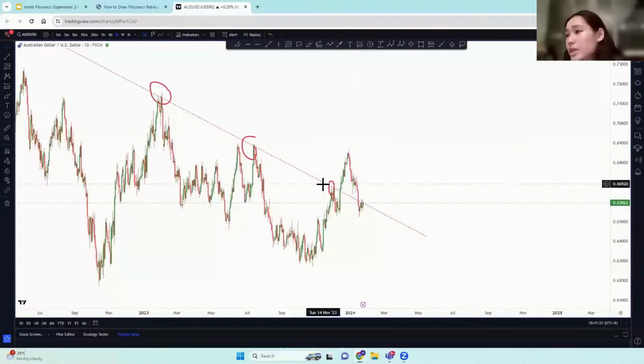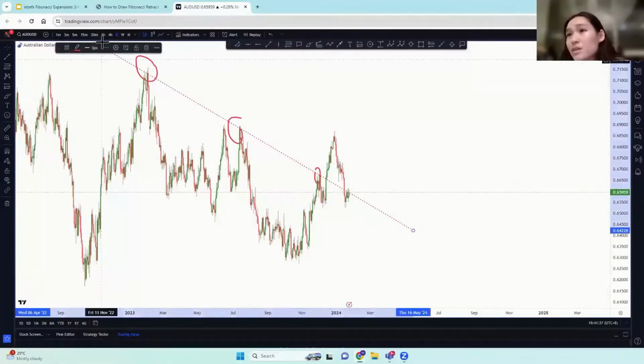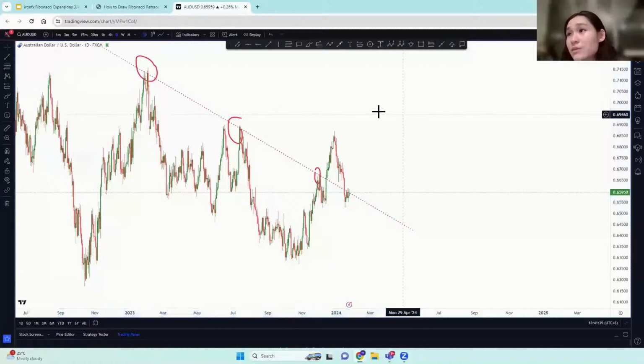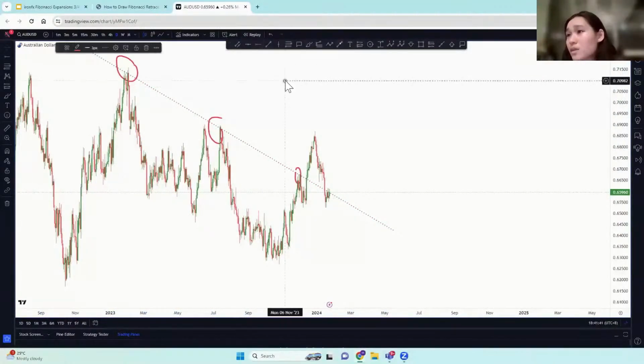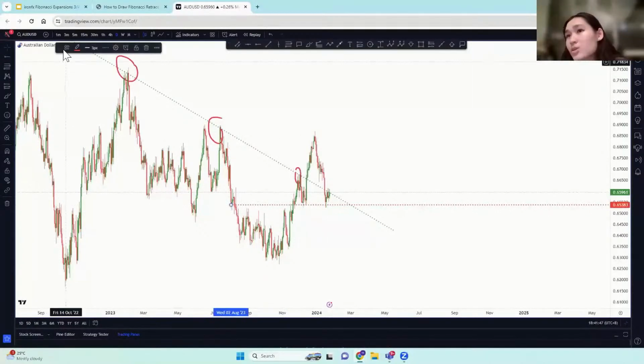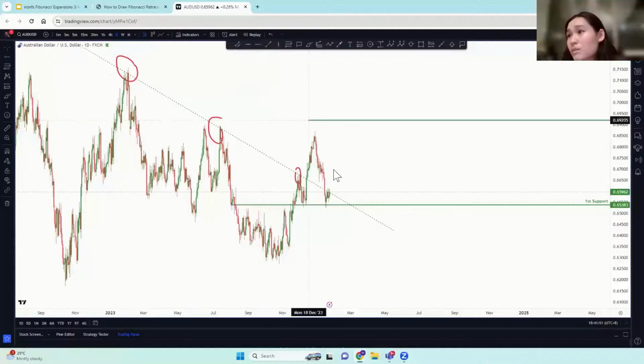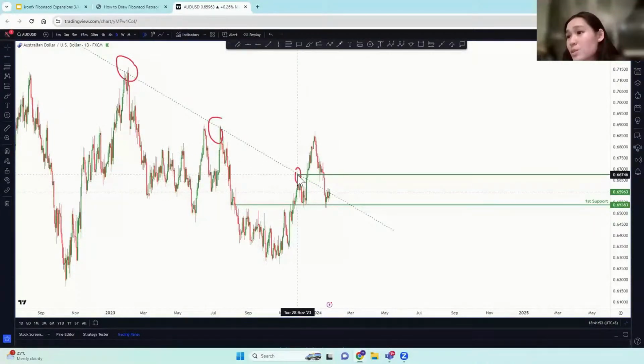Now let's go ahead and add some support and resistance levels again. Okay, so this is my first support. Second support.